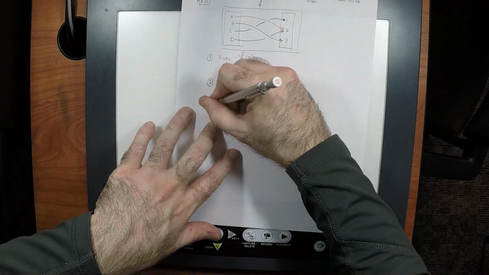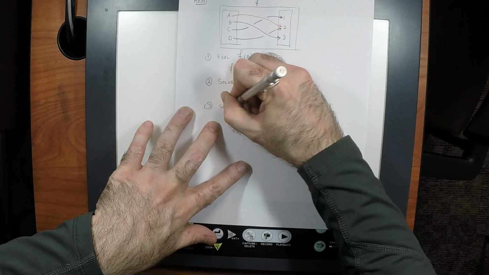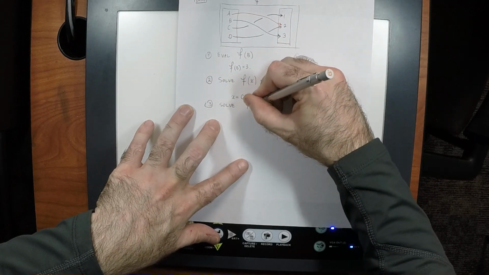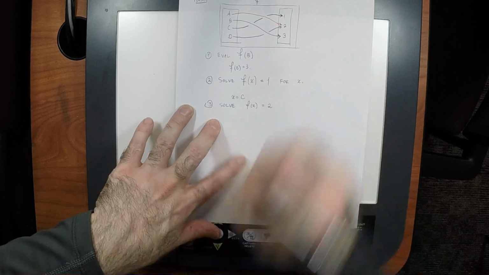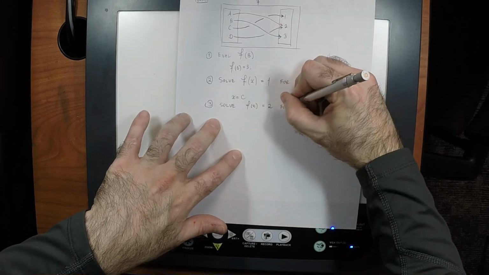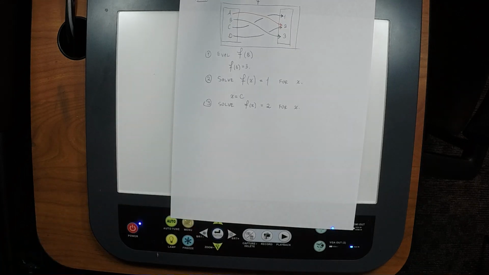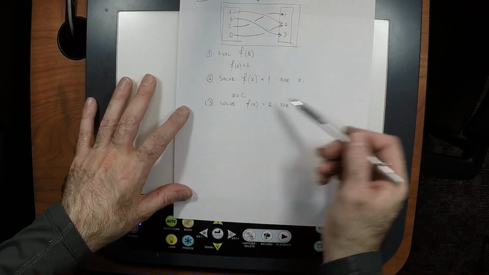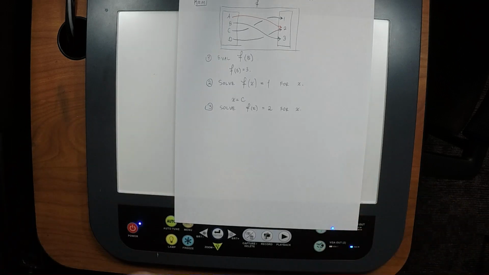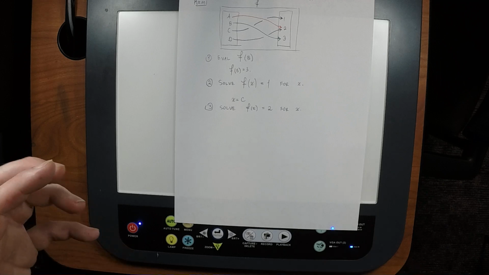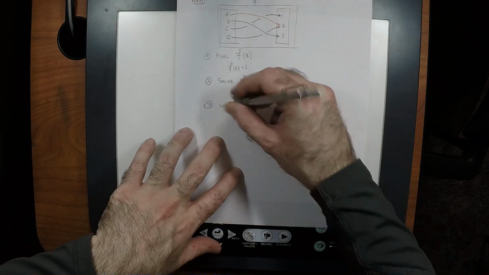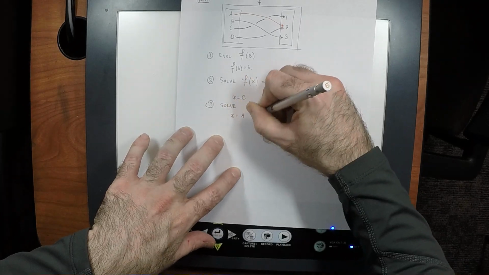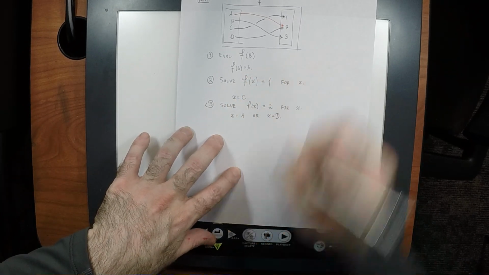All right. Here's something slightly interesting. How about solve f of x is equal to 2 for x. How about that? Right. So again, this is sort of like saying, if you ended up at 2, then where did you start? Well, in fact, you could have started in 2 different places. You could have started at a, or you could have started at d. That's interesting.